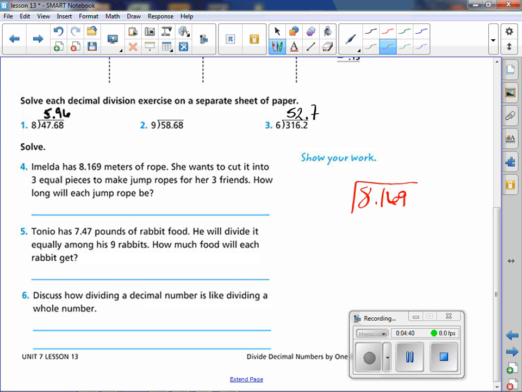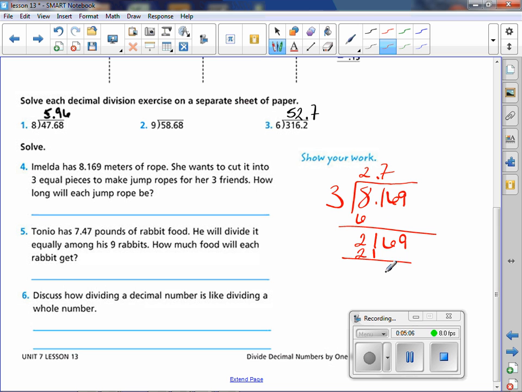Divide that by 3. Okay, 3 into 8 twice, which is 6. All right, bring down my 2, bring down my 1, 6, 9. I'm going to move my decimal up right away to make sure that that's taken care of. 21 divided by 3, 7, which is 21.